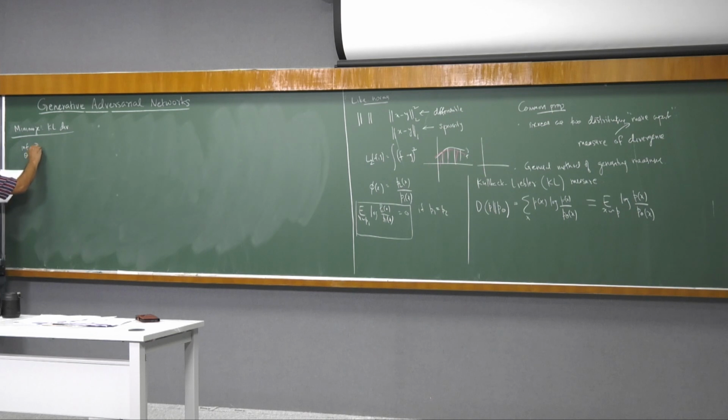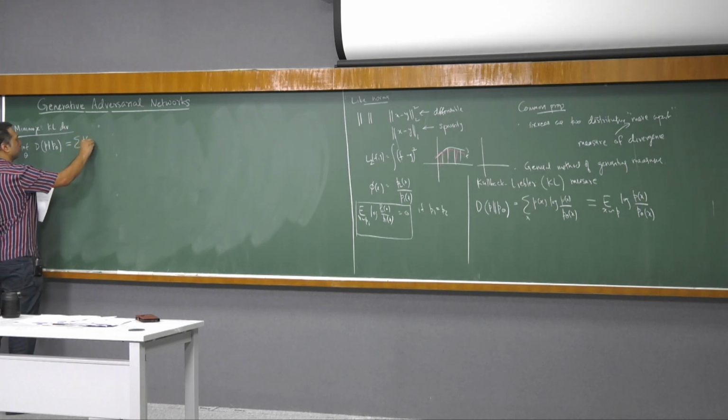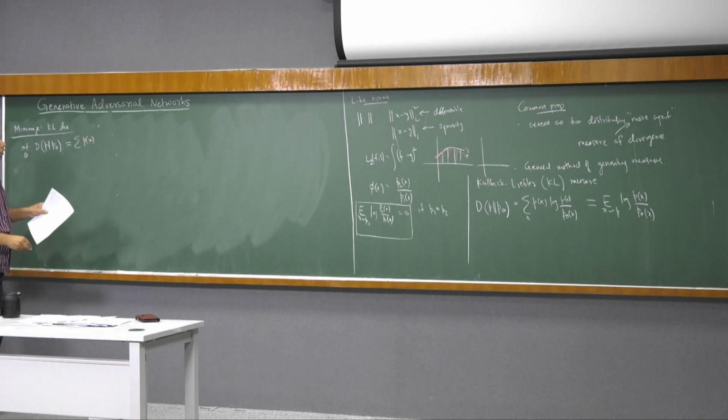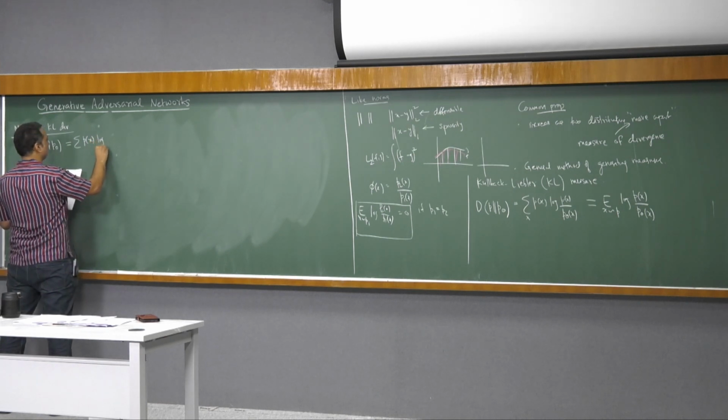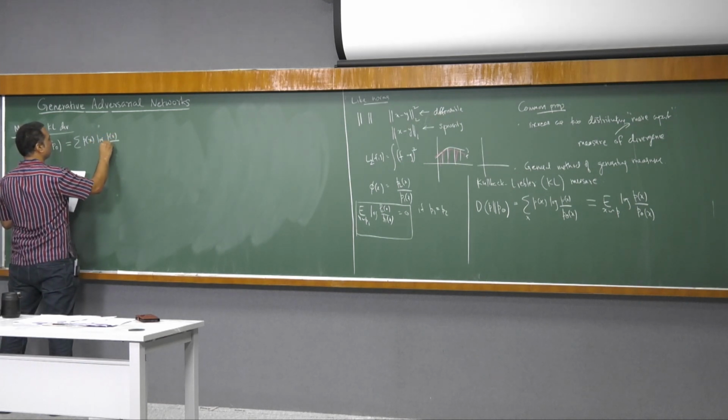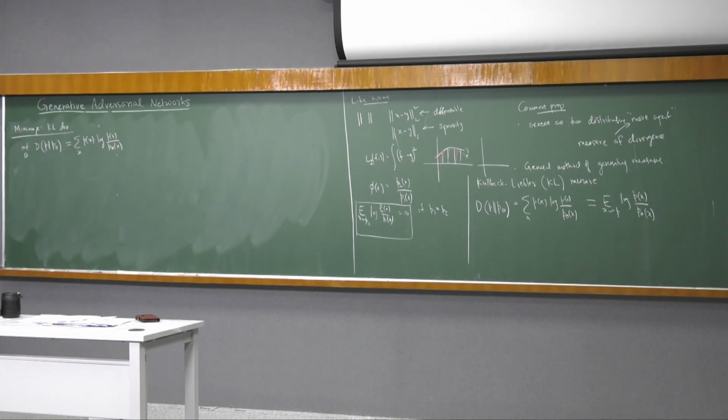So this is the KL divergence of p and p theta, and by definition it is the sum over x of p(x) log p(x) by p theta(x). I just copied the definition, and now I want to see how I can split this further.